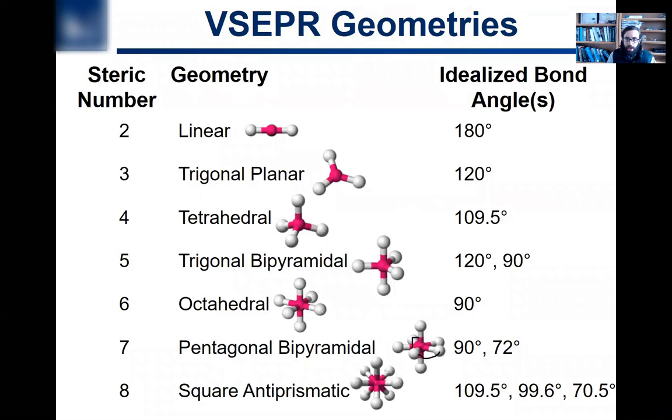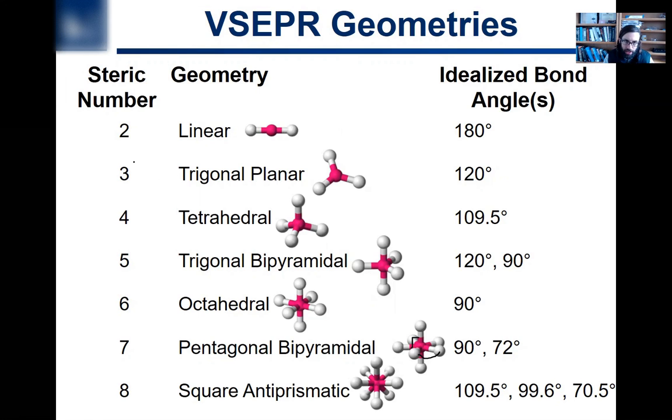So VSEPR uses different steric geometries depending upon the steric number. For steric number 2, you have a linear setup that gets these atoms, in their electron clouds or their orbitals, as far apart from one another as possible. That gives an idealized bonding of 180 degrees.